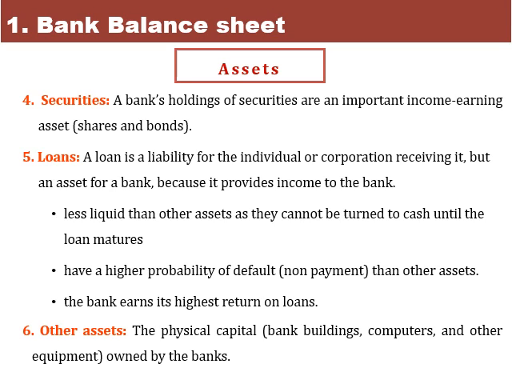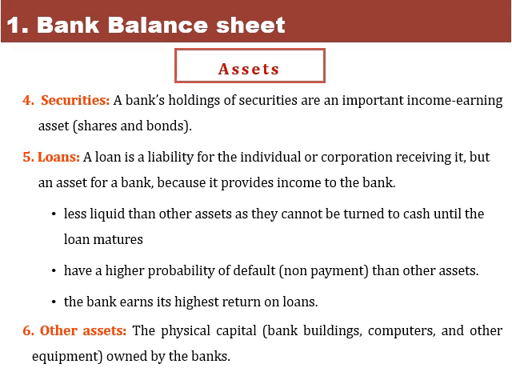Then the fifth item is loans, where a loan is considered a liability for the individual or the corporation that borrows these funds, but it is an asset from the bank's point of view. Why? Because it provides income to the bank in terms of the interest payments paid by the borrower.